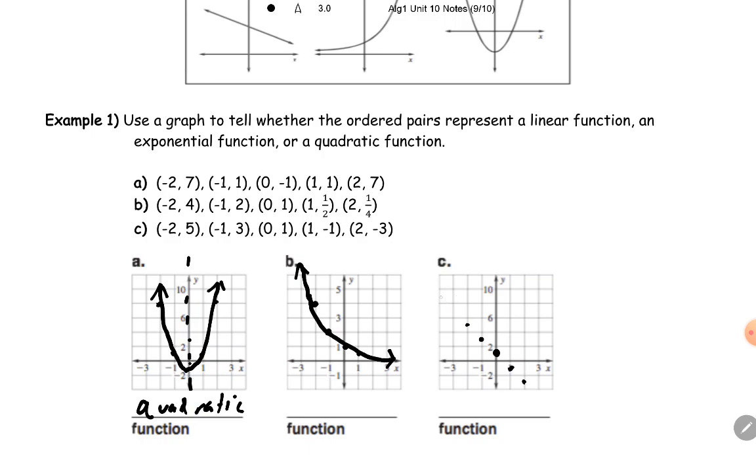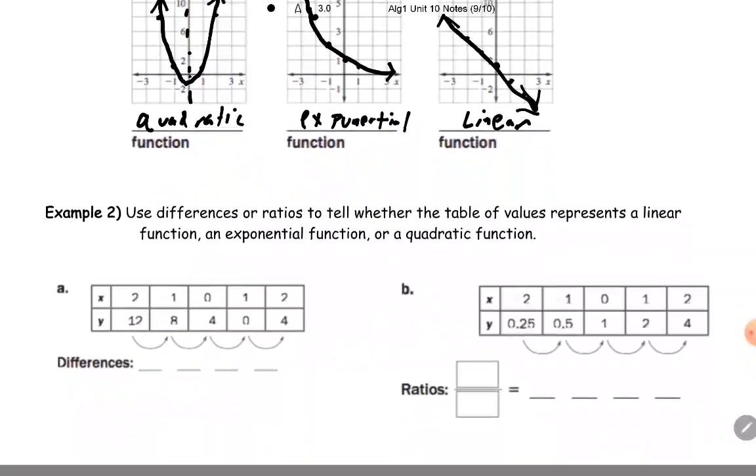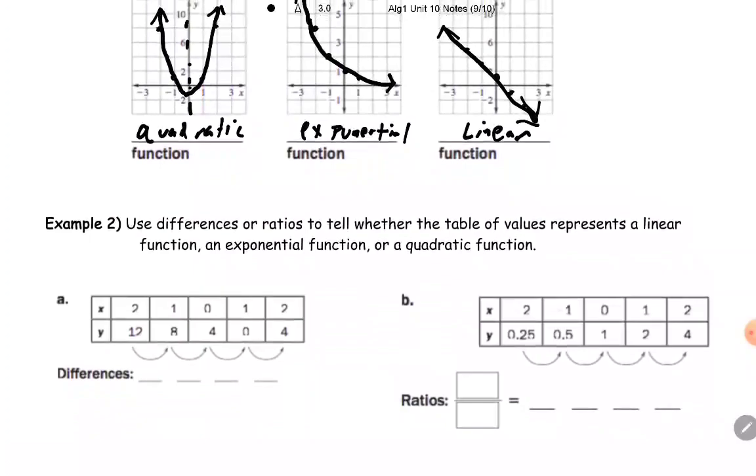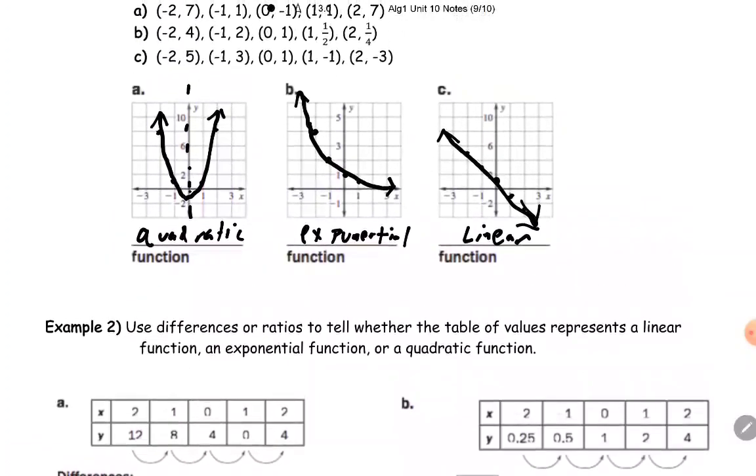Okay, this one is just a line. So the first is quadratic, then exponential, and then linear. Okay, so that's one way to do it. We can graph it, see what it looks like.